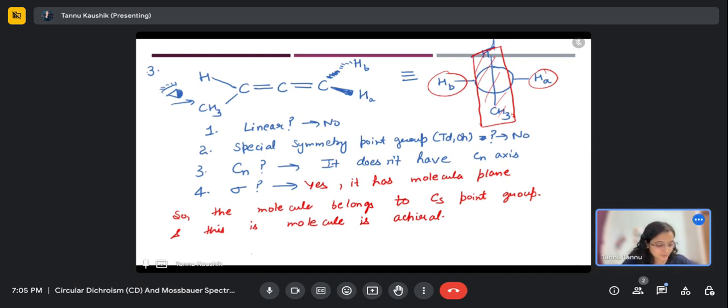Okay. So now again we will be making some changes in this allene. We will be substituting two hydrogen atoms with chlorine atoms, one hydrogen atom which is in the plane and one which is out of plane. And then we will find out what the symmetry elements in that molecule are and to which point group it belongs.